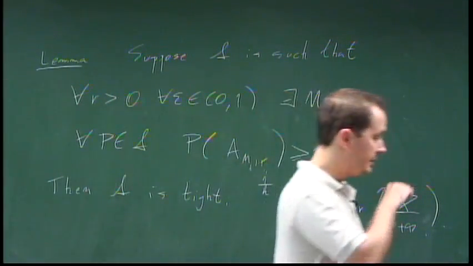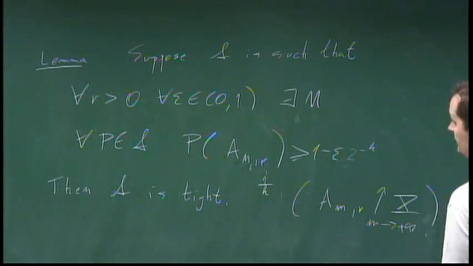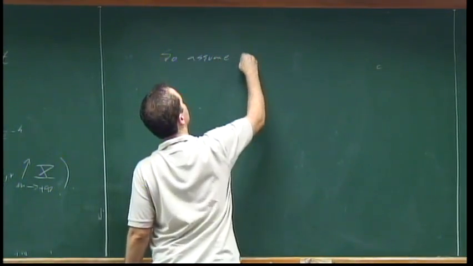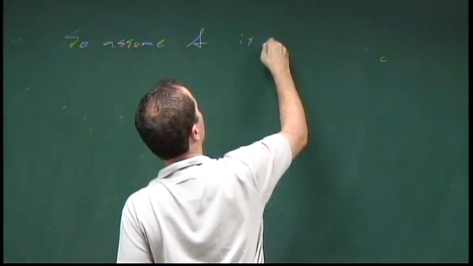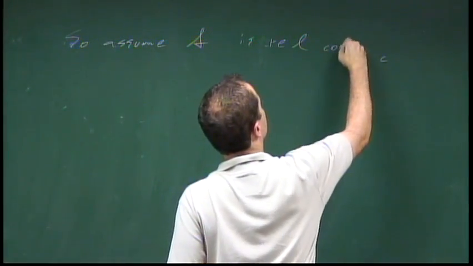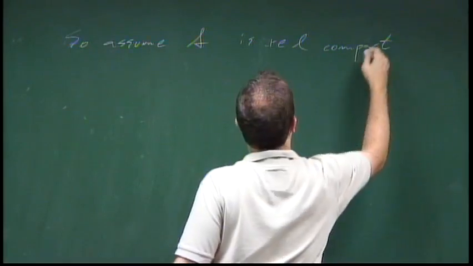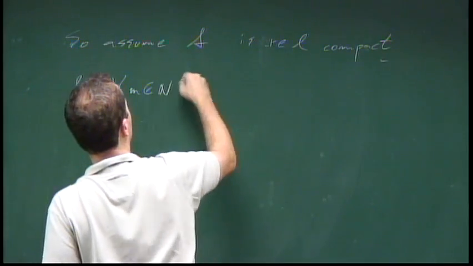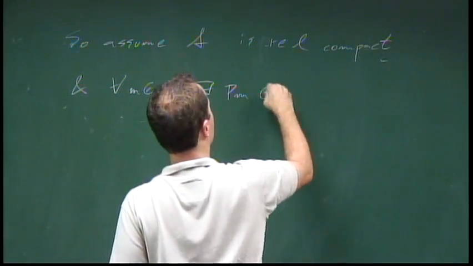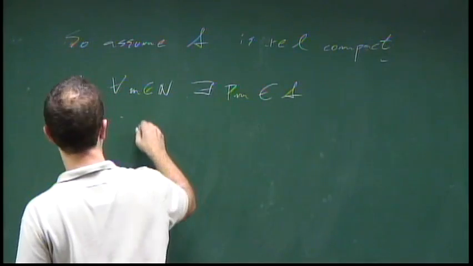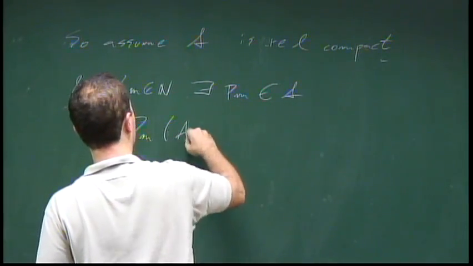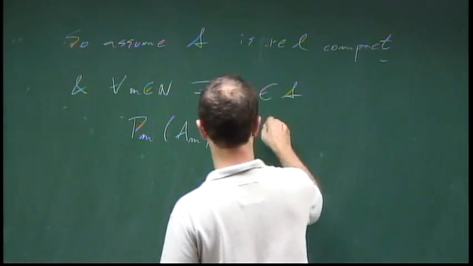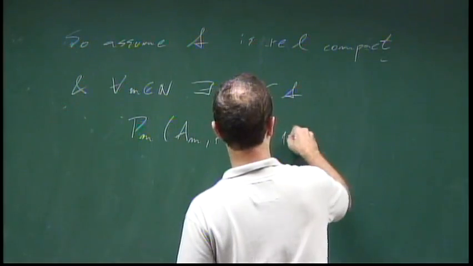Now this is fine because, right, so assume S is relatively compact. And for all m in N, there exists a P_m contained in S, such that P_m of A_m^r is less than 1 minus epsilon.